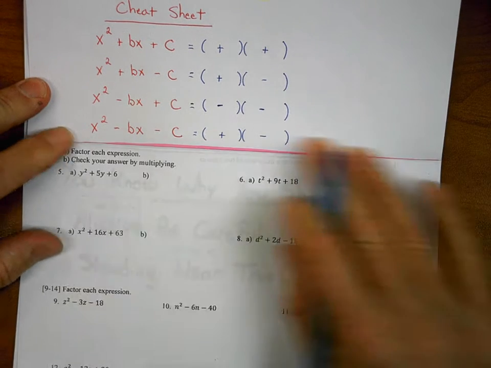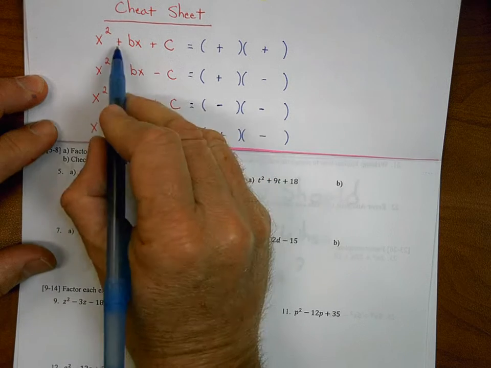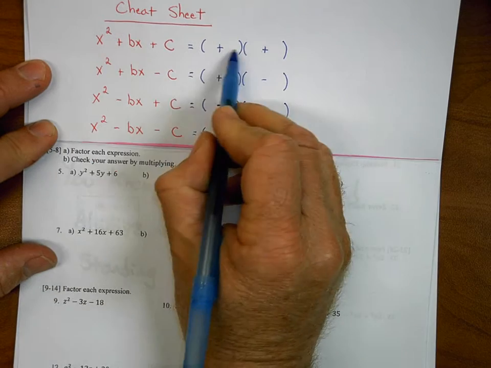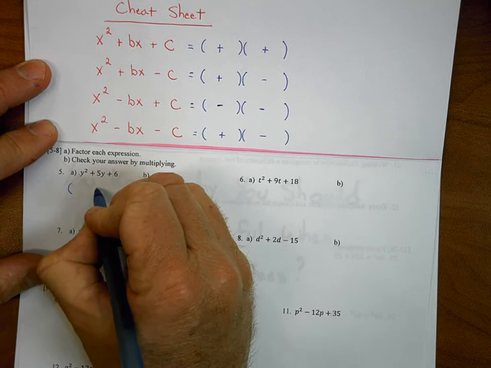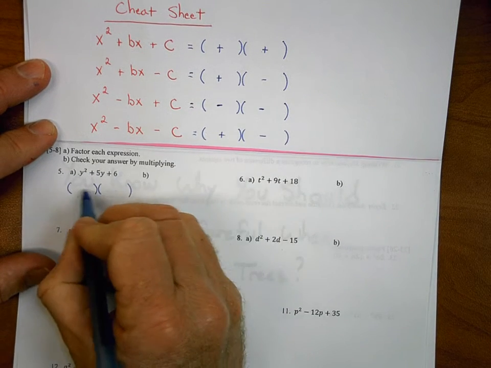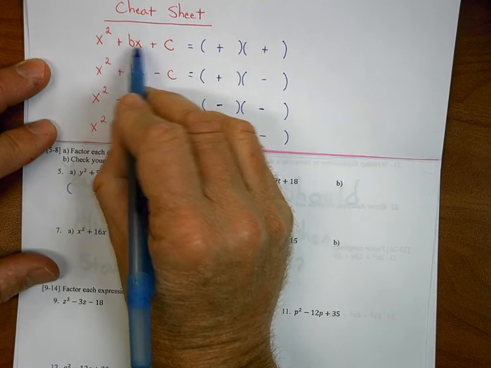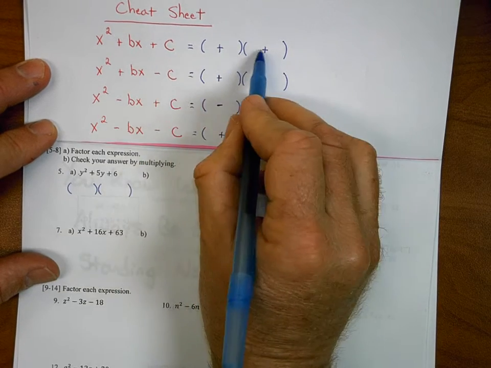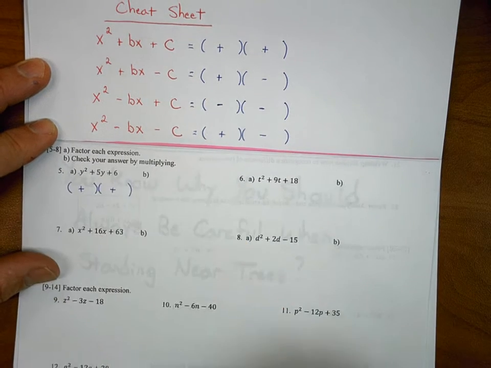So in number 5, you see we have a trinomial and we have a plus plus. So our cheat sheet with our plus plus says to us that this trinomial is going to factor into, and what we do is we always start our trinomials by drawing 2 parentheses, and our cheat sheet says that when we have a plus plus, we're going to have a plus and a plus in each one of the factors.